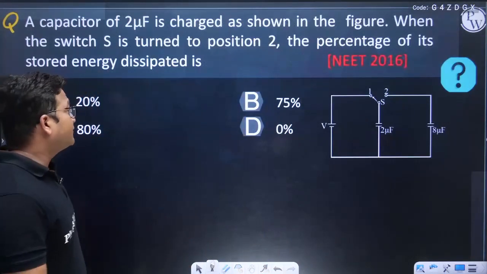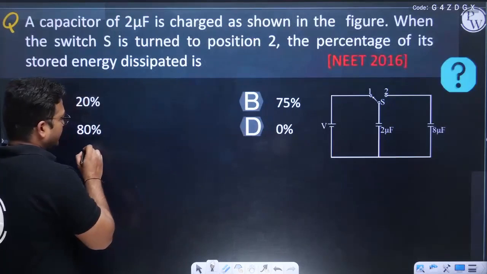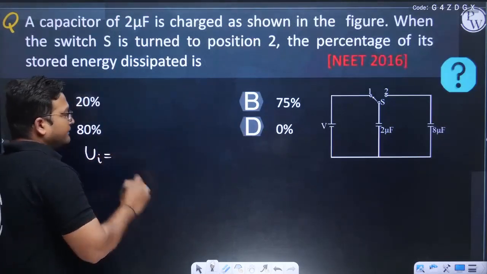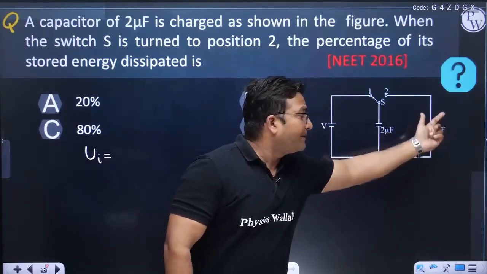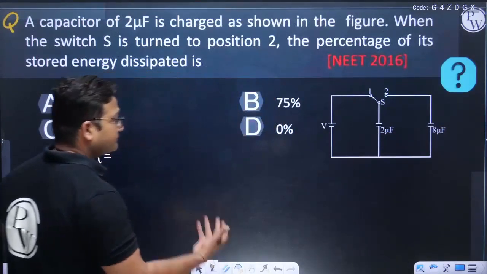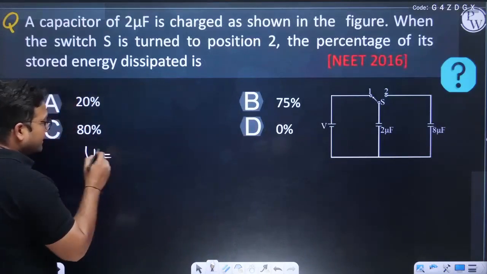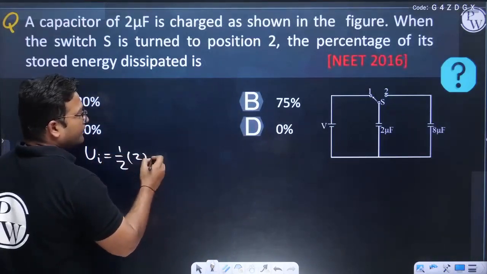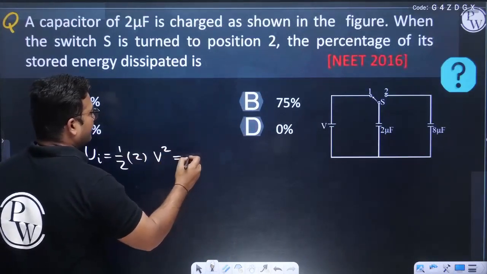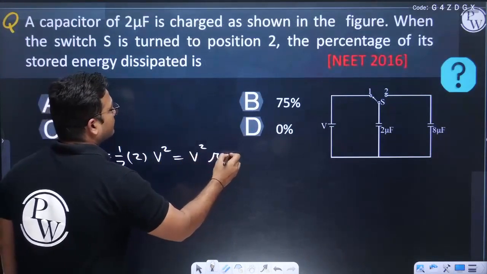Let us find the initial energy. The initial energy is only in this capacitor of 2 microfarad, and the other capacitor had zero energy because there is no potential difference. So initial energy is half C, which is 2 microfarad, times V square, so it becomes V square microjoule.